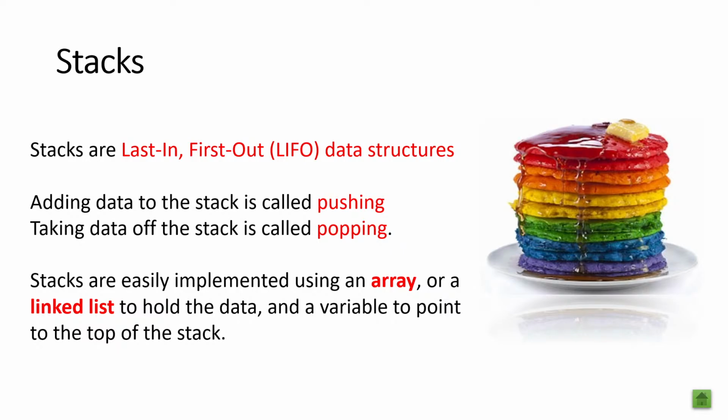And most data structures do have a pop, a peek, and a push function. And all we can do is basically pop off the top, push onto the top, or peek at the top. And that's why it's last in, first out. So the last thing put on top will be the first thing out.